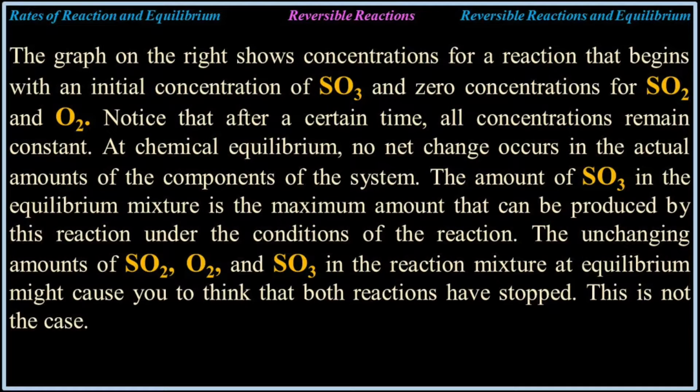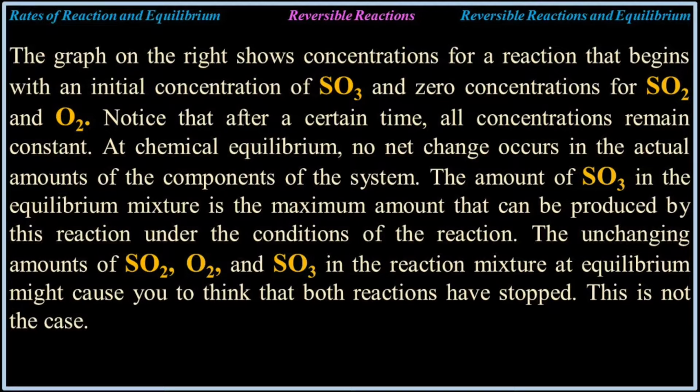The graph on the right shows concentrations for a reaction that begins with an initial concentration of sulfur trioxide and 0 concentrations for sulfur dioxide and oxygen. Notice that after a certain time, all concentrations remain constant. At chemical equilibrium, no net change occurs in the actual amounts of the components of the system.